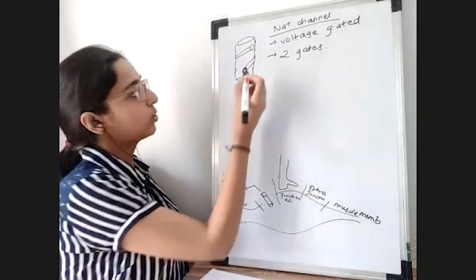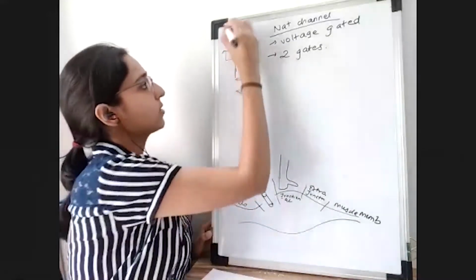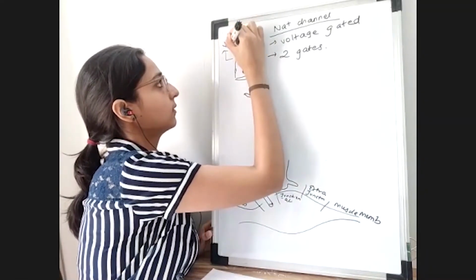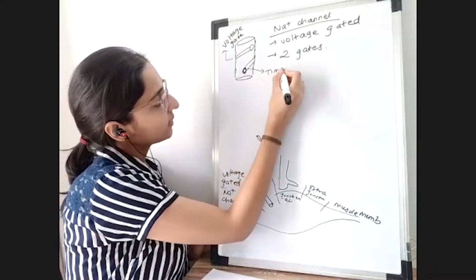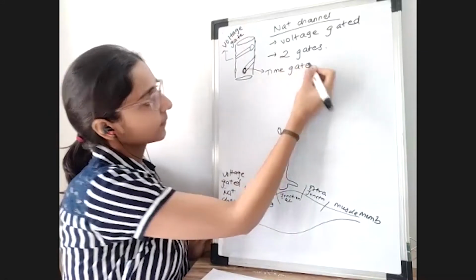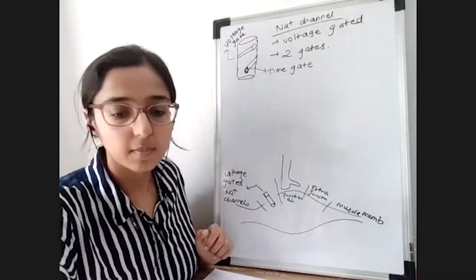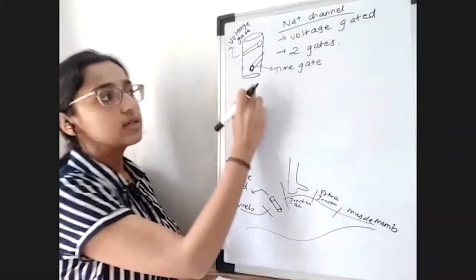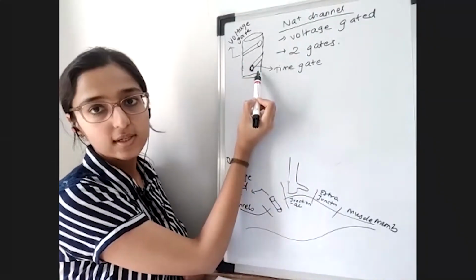The gate on the top is known as the voltage gate, and the gate at the bottom is known as the time gate. I hope this is visible to everybody.